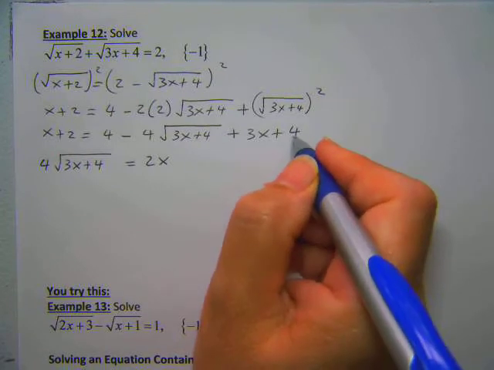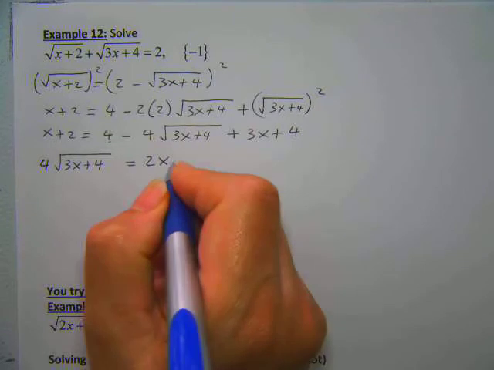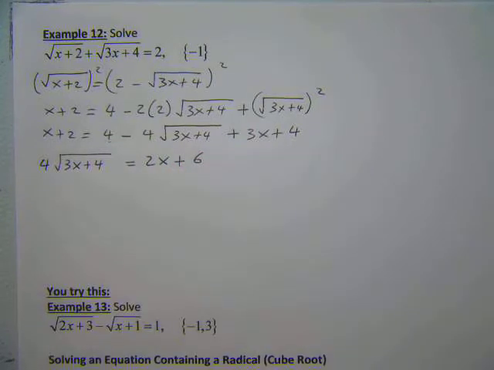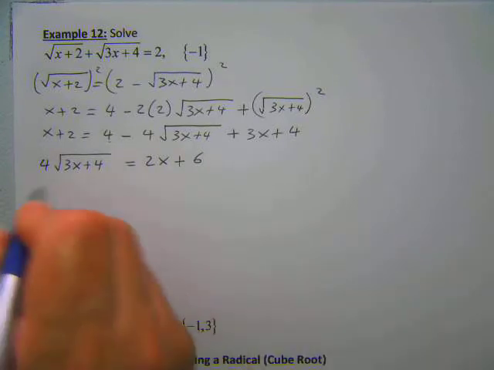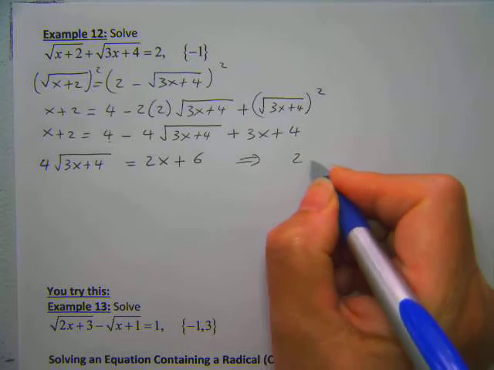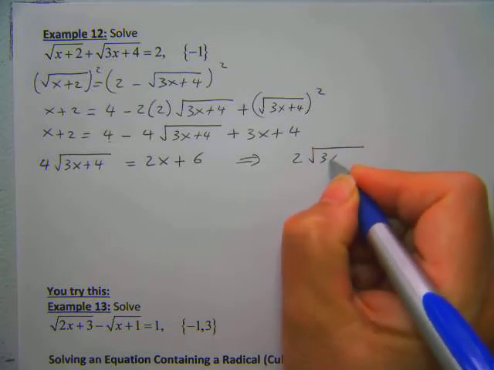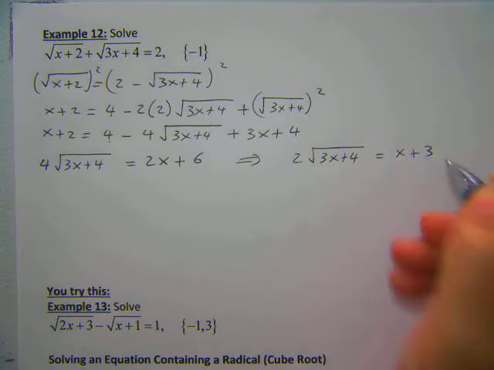We have a 4 plus 4, that's 8. 8 take away 2 is 6. Now we see that this is divisible by 2. So let's go ahead and divide by 2. So we're going to get 2 times the square root of 3x plus 4 equal to x plus 3.